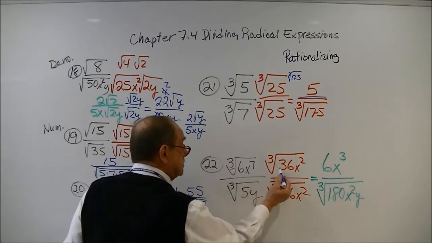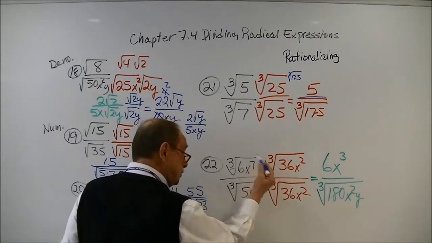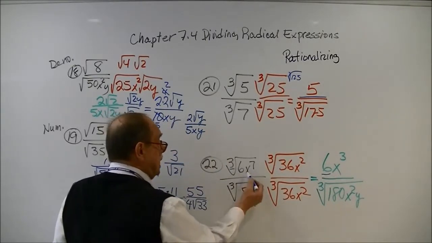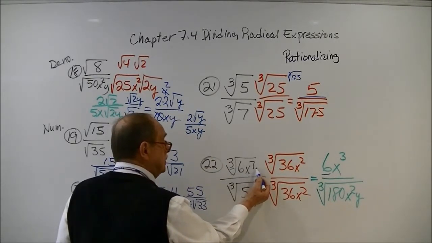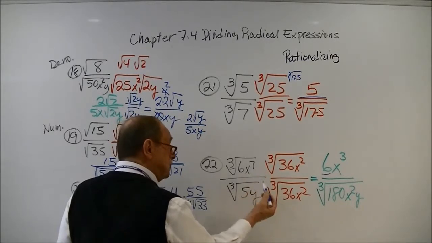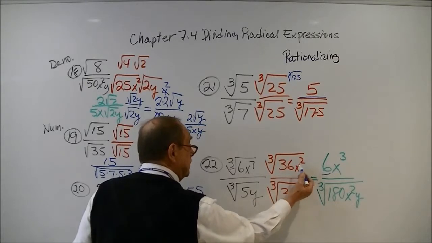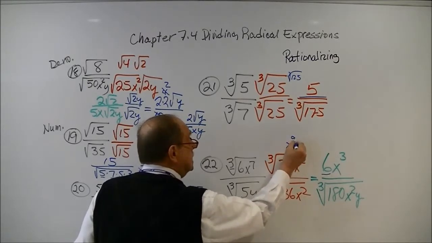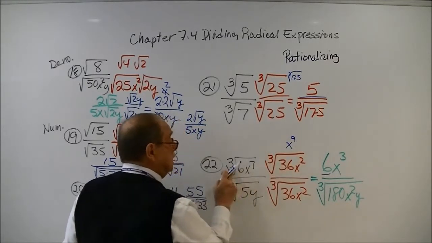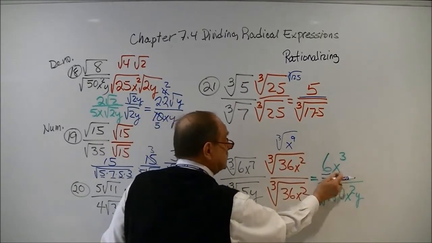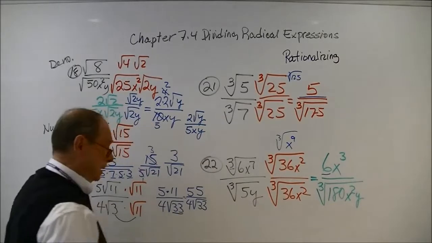So 6 times 6 times 6, the cube root of that is 6. Then I had x to the 7th. Well, to make that into a perfect cube, I had to multiply it by x to the 2nd, which made this x to the 9th, a multiple of 3. So I took the cube root of that, and that's where I got x to the 3rd.